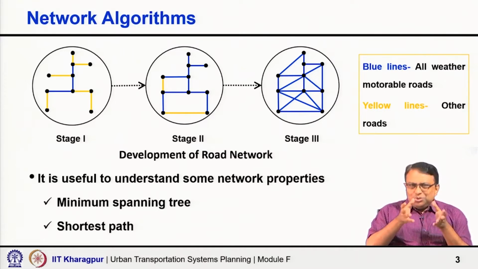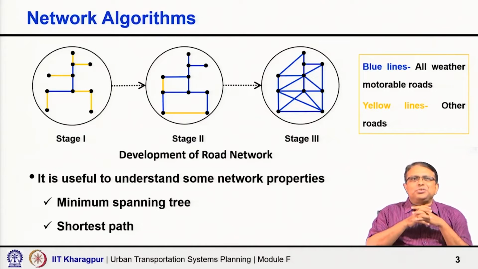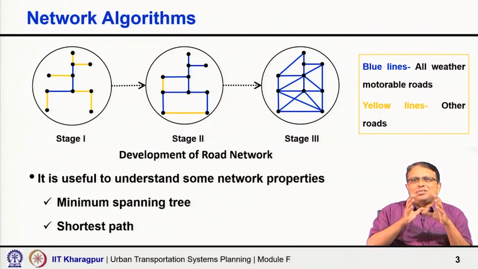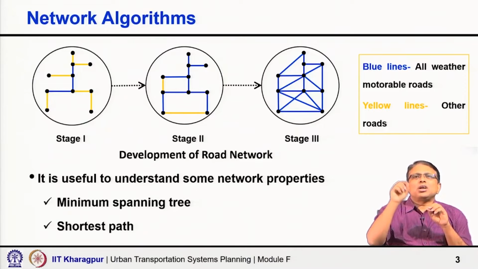So, it is useful at this stage to look at some of the network properties, because I mentioned stage 2, where you are ensuring connectivity with minimum road length, that is, how much minimum road length I should construct so that all my nodes are connected.